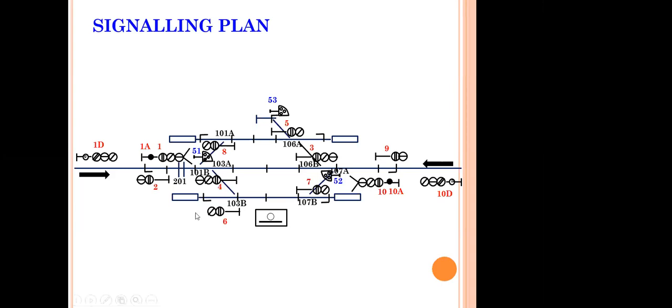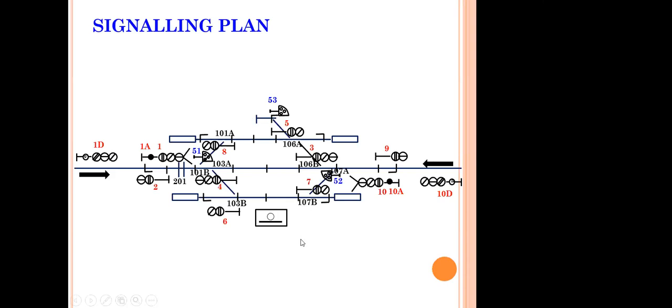It is done purposely, just to tell you that this numbering is not correct. The reason is the station master is looking at the panel, and his left-hand side is this side. So I need to number from here: 1D, 1, 1A, and 10, 10D. I need to complete here, just to show you how it differs. This numbering is relevant if the station master panel is here. Otherwise, it is wrong.